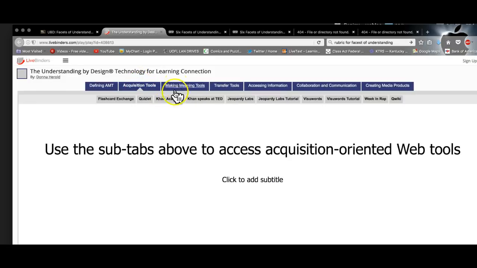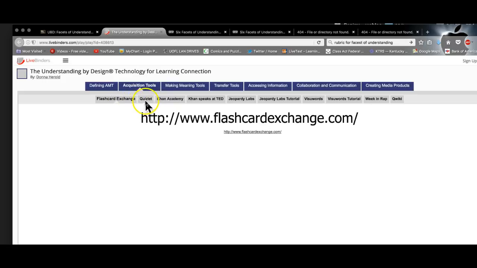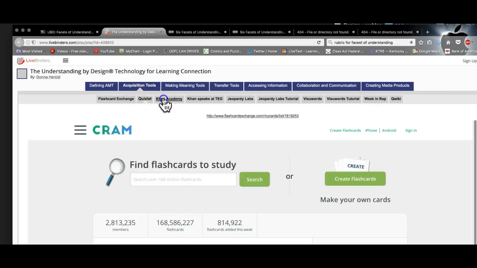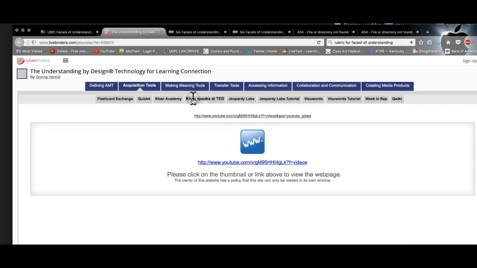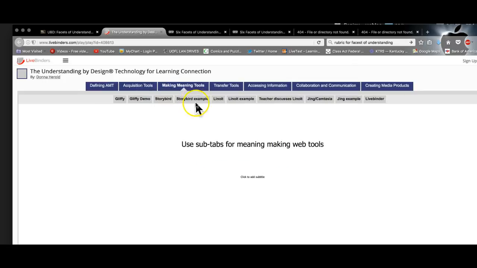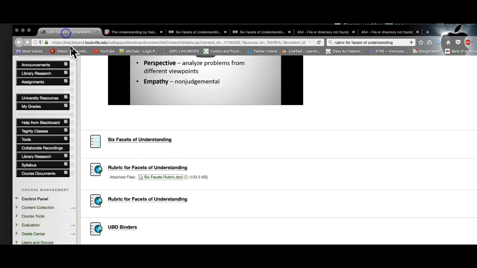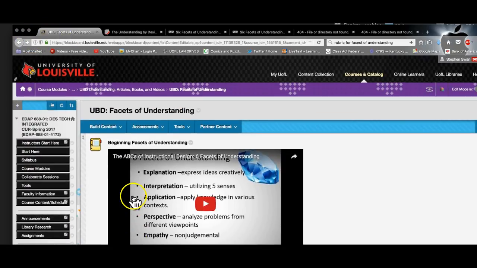If you've never played with binders before, this is a website where you can use the analogy of a binder system and think of this as like tabs in the binder, and it has all kinds of resources around understanding by design. Okay, so let's now pause for a second, and I'm going to set stages, and then let's go back and look at the task at hand for this first part of understanding by design.